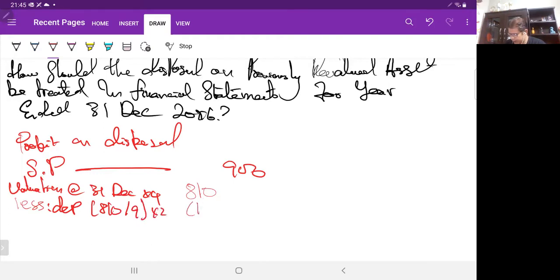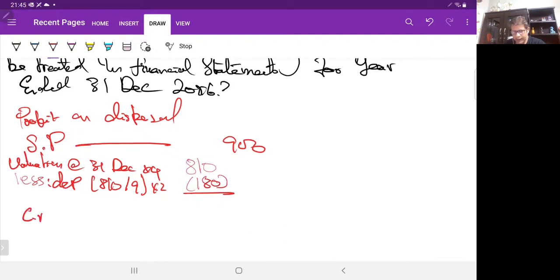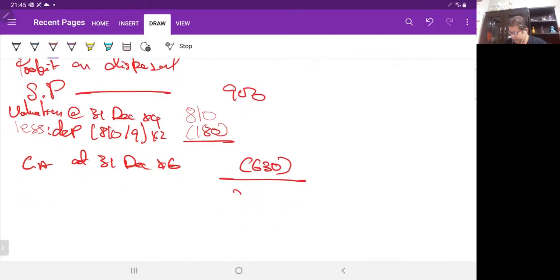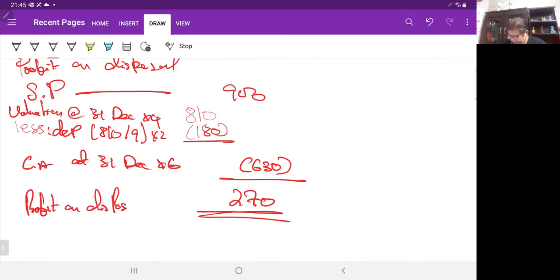So 180 will be deducted from here. Overall carrying amount at 31st December X6 is 630. We'll get 270 profit on disposal, right?